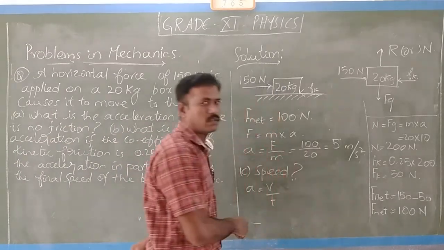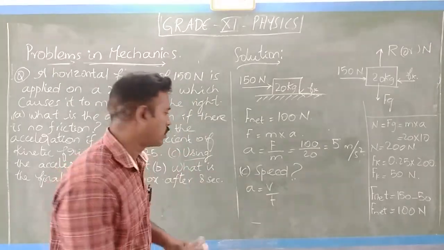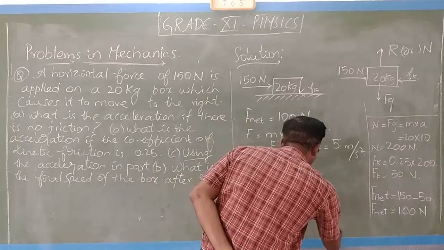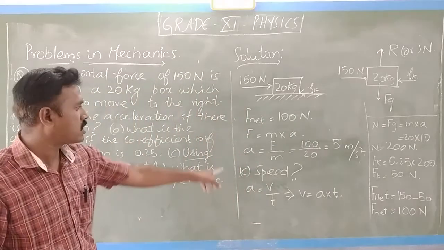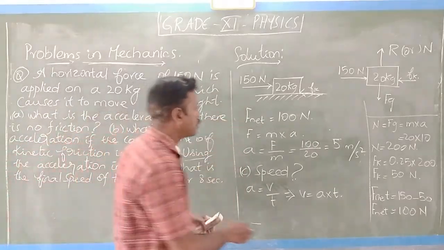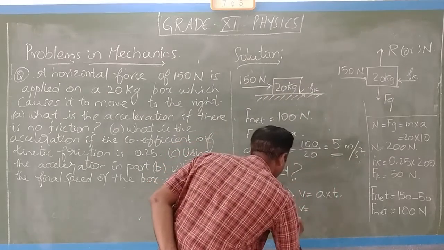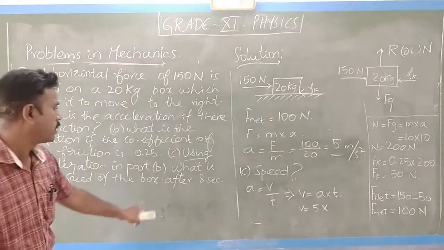We can consider this velocity as speed. So v equals a into t. What is the acceleration in part B? This 5 meters per second square. So v equals 5 times, what is the time? 8 seconds.